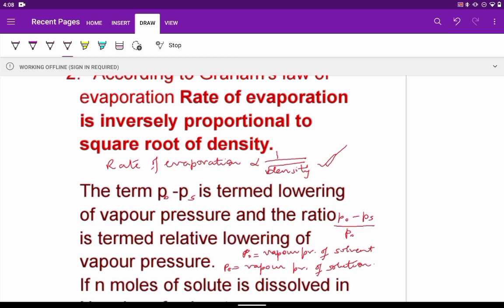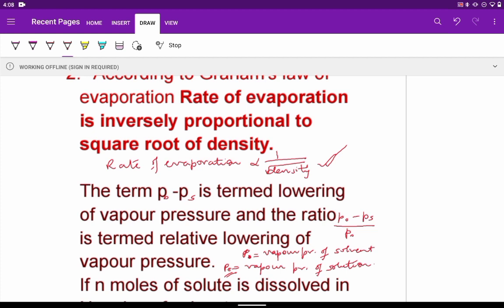PO is the vapor pressure of the pure solvent. PS is the vapor pressure of the solution. Using these two terms, we can state the relative lowering of vapor pressure.